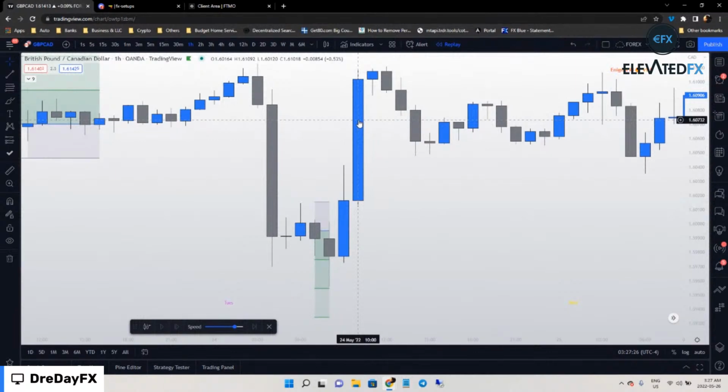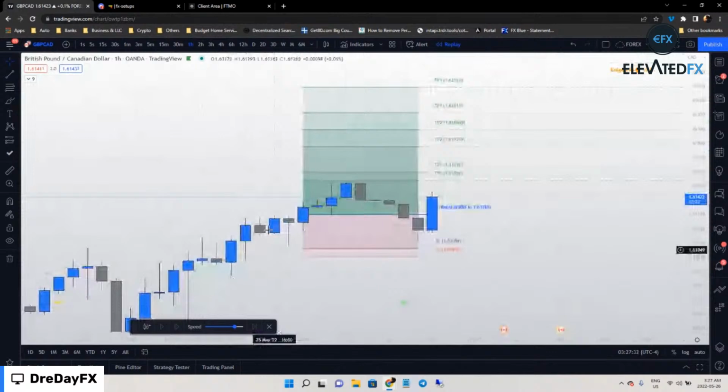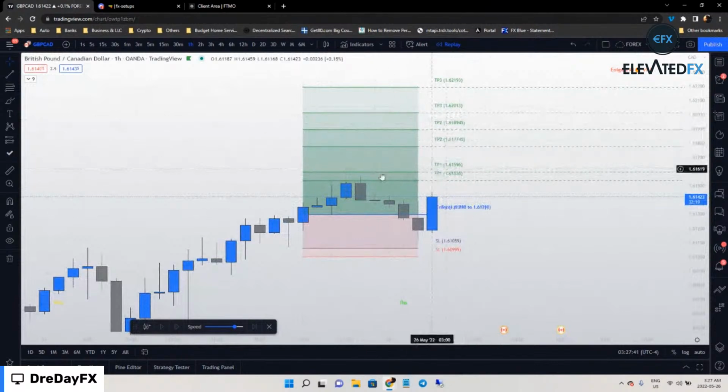So let's see. Same principle here. So buy and entry here. Okay. So buy TP1. It seems like it's still gonna continue going up. So that's good on that.